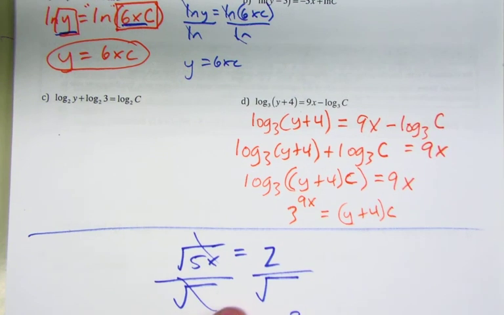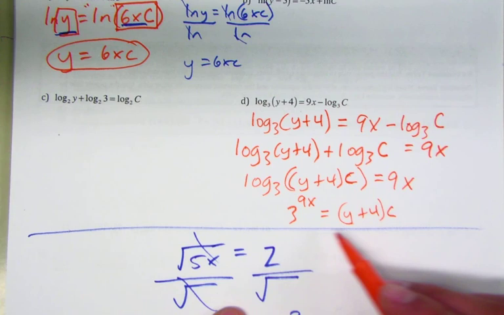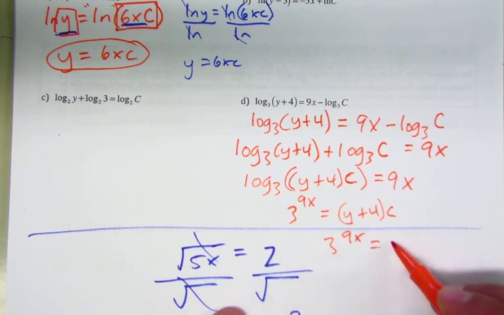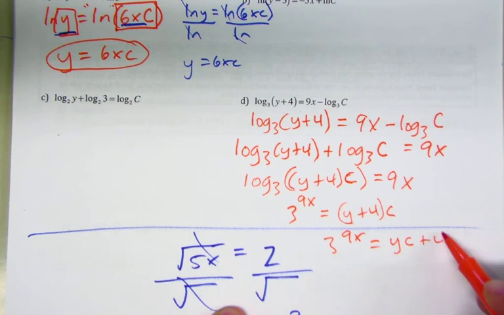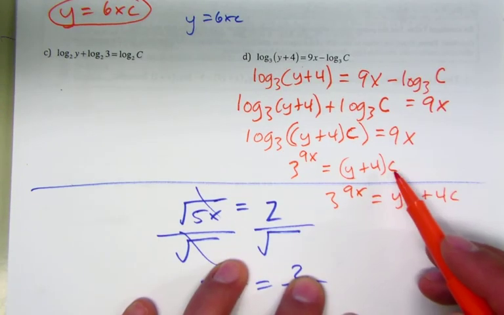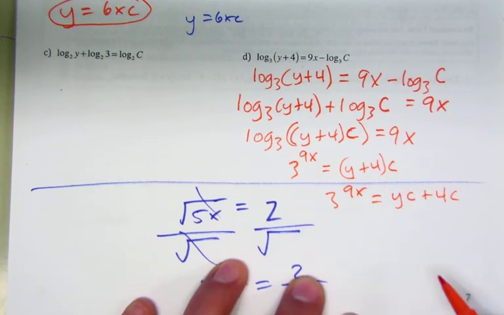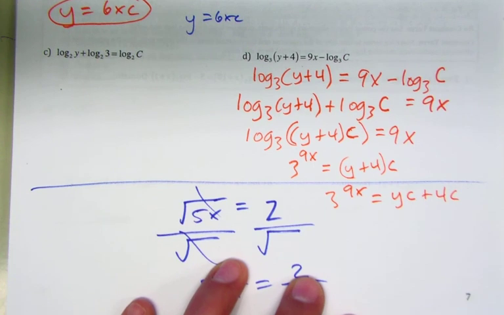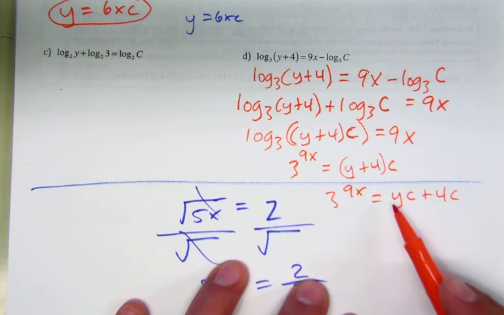Yeah. Okay. And now, the goal here is to get y alone. So I'm going to distribute the c here. And I know we got variables and letters and all, but you still do exactly what you would do if these were numbers. How do I get y alone? What can I do first?